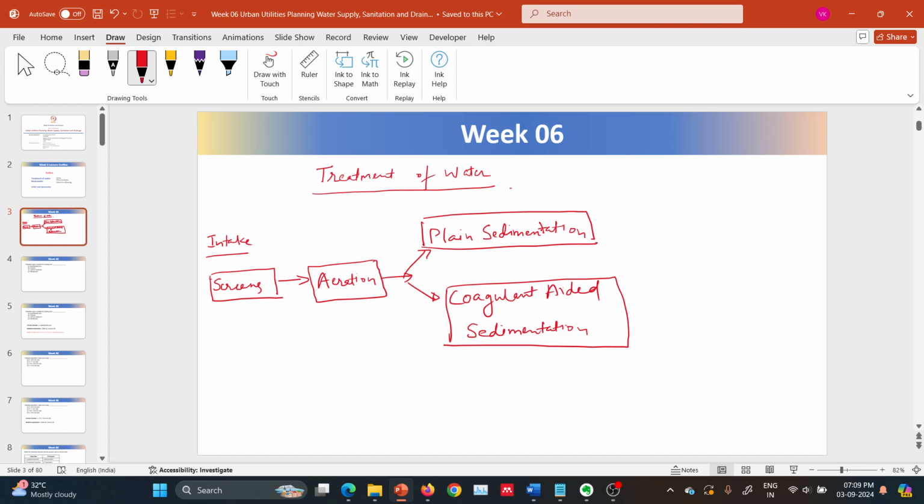So till here we have removed suspended solids.